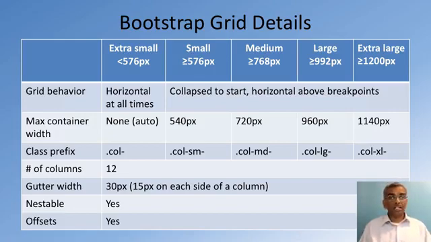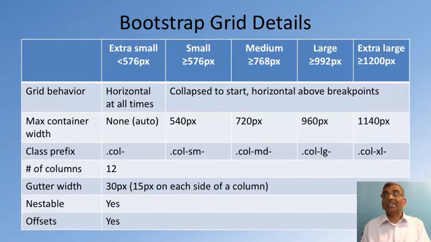Between each column, so if you lay out two pieces of content side by side with their divs, between these two pieces of content, there will be a small gutter that will be left, empty white space of width, the gutter width, which is 30 pixels by default. So 15 pixels is borrowed from one piece of content and 15 pixels from the other piece of content.